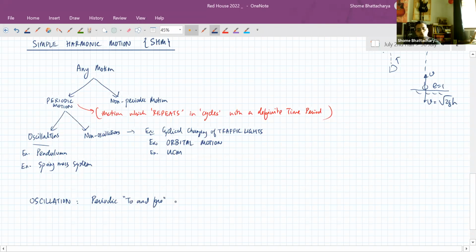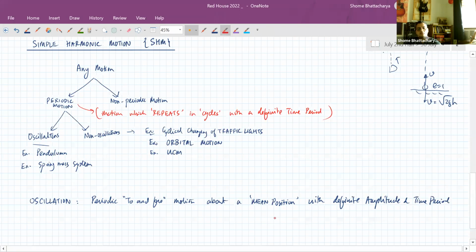So it's a periodic to and fro motion about a mean position, with definite, that means fixed, values of amplitude and time period, both the things.